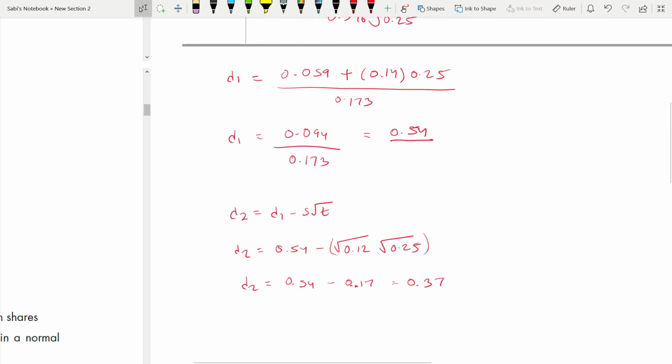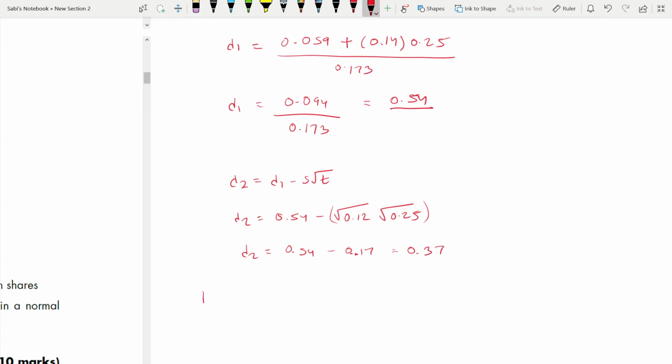Now what do I have to find? I have to find ND1 and ND2 using the normal distribution table. So ND1, whenever this N is here, it is the standard normal distribution table, you need to use that table.